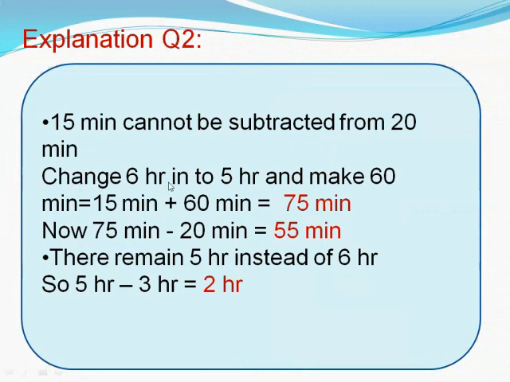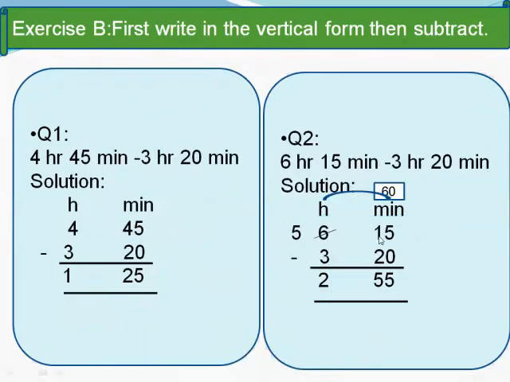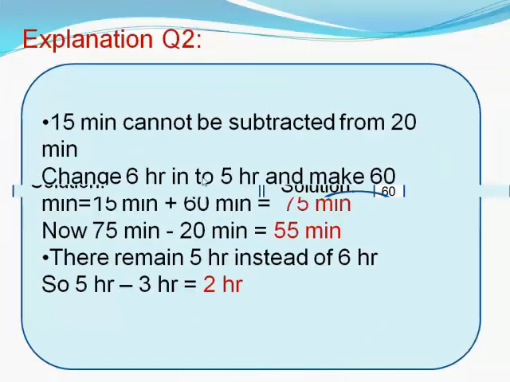Now change this hour to 5 hours and make 60. 15 minutes plus 60 minutes is equal to 75 minutes. Now it is quite easy to subtract: 75 minutes minus 20 minutes is equal to 55 minutes.